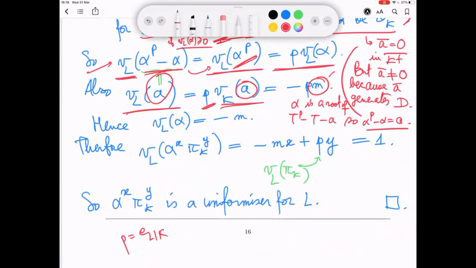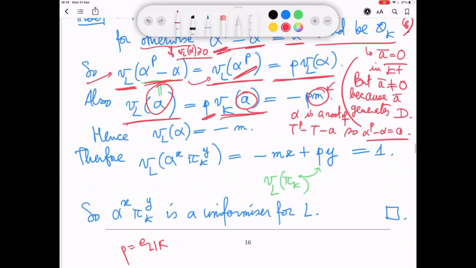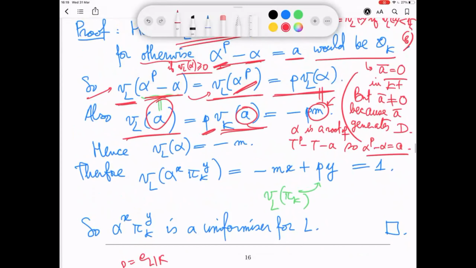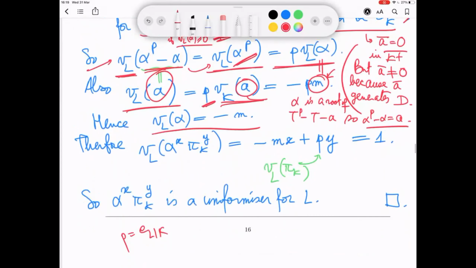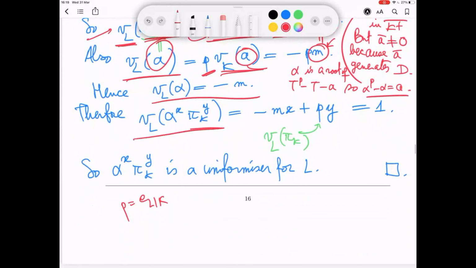Okay, so where do we get? M is the valuation of A, and therefore, if you compare these two expressions, then you get VL of alpha is equal to minus M. That's right. So what is the VL of this?